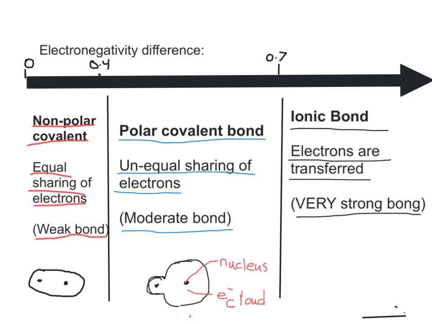Depending on the difference in electronegativity between the atoms involved in the bond, you will either have an equal sharing of electrons or an unequal sharing of electrons. And whether or not you have polar bonds makes a huge difference in terms of how the molecule interacts and behaves chemically, which we're going to learn about in the next few lessons.